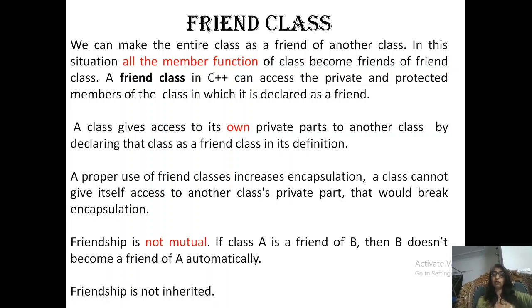A class cannot give itself access to another class's private part. That would break encapsulation, because a class cannot define itself as a friend class of another class. The class which is giving access can define any class as its friend.